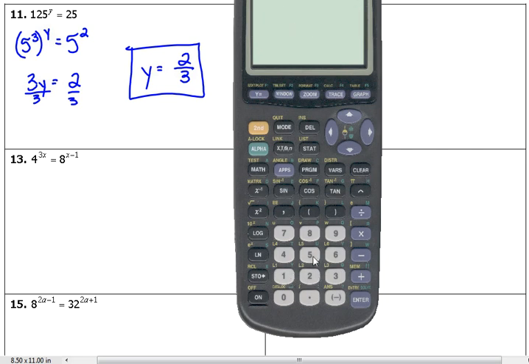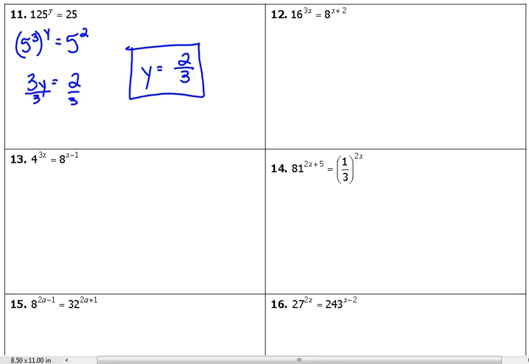If you don't put the 2/3 in parentheses, the calculator follows order of operations. So it's going to raise 125 to the second power, and then divide that number by 3, which is very different from raising 125 to the 2/3 power. Okay, so make sure you put parentheses around fractions when they're the exponents.